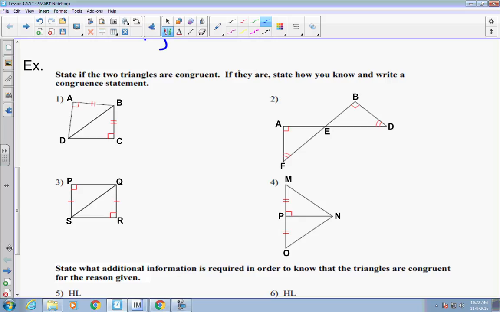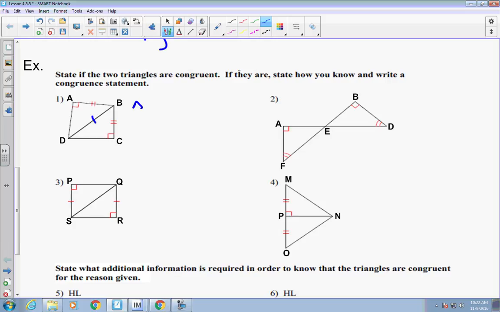Alright, so looking at number 1 there, are those 2 triangles congruent? We see that these are both right angles, right? These legs are congruent and they share their hypotenuse, right? So, these 2 triangles are congruent by hypotenuse leg. Now, the other ways that we learned aren't extinct. They're still fair game, so you can still use those in what we do today.